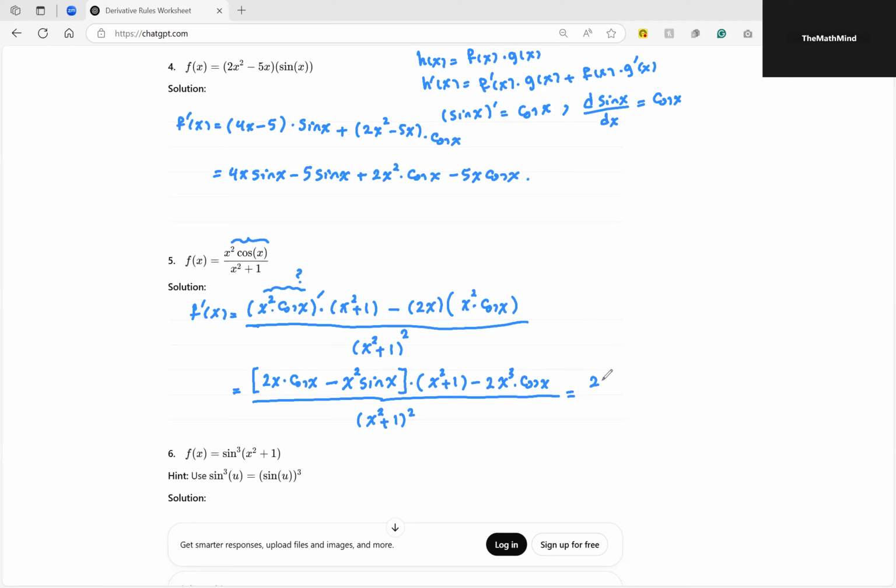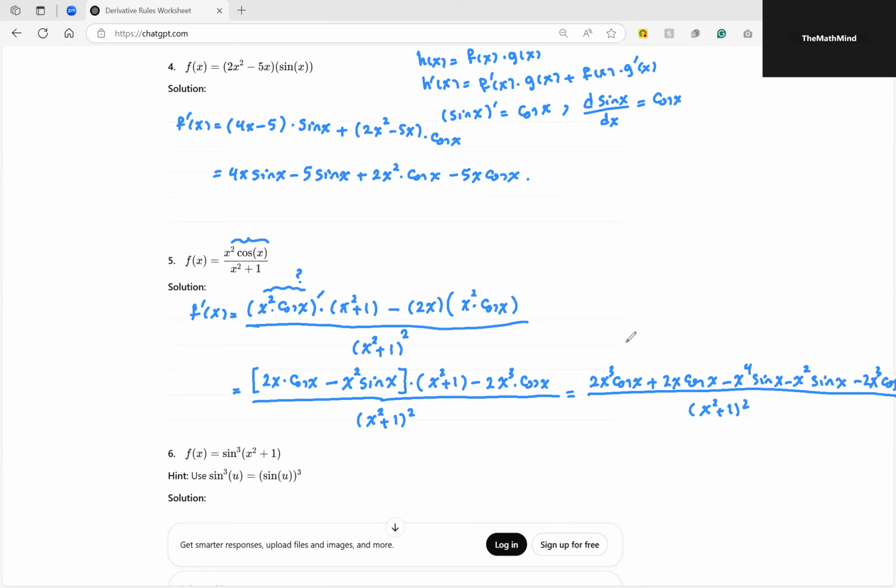It's going to be 2x cubed cosine x plus 2x cosine x minus x to the fourth sine x minus x squared sine x, and then minus 2x cubed cosine x, all over the square of x squared plus 1.